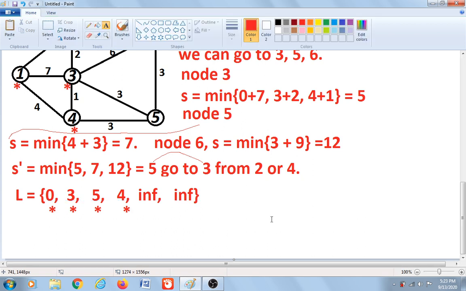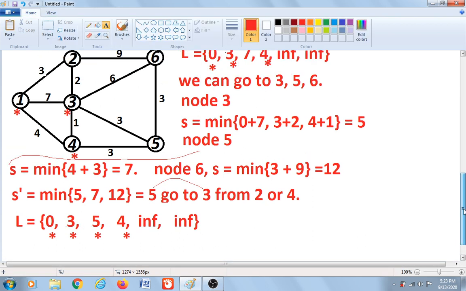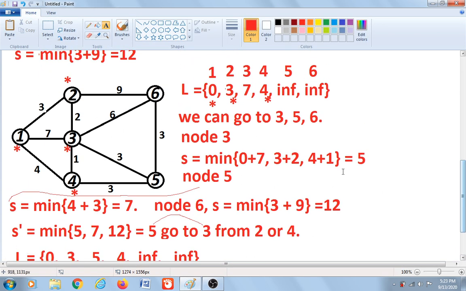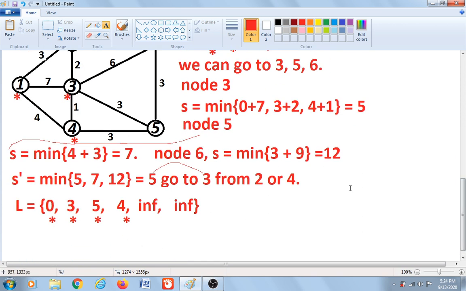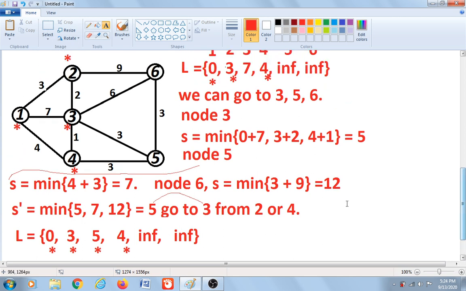Okay, now let's see. In our calculation, we say that we can go to 5 and to 6, right? So here the permanent node is now number 3, because it is the value of s prime, the minimum of the minimum. But for node number 5 and 6, let's see.